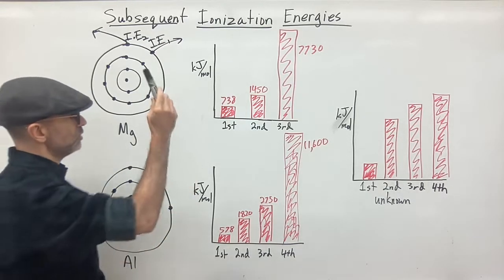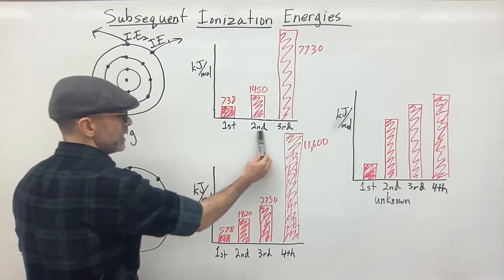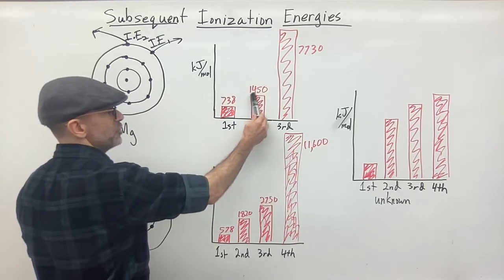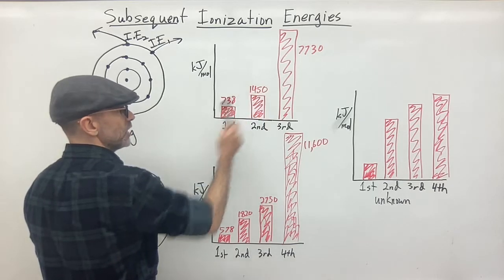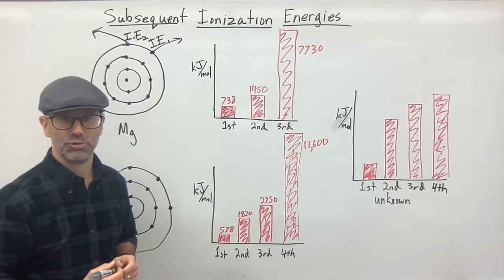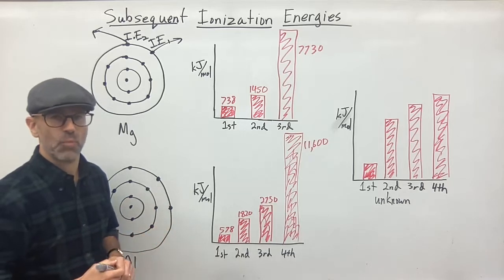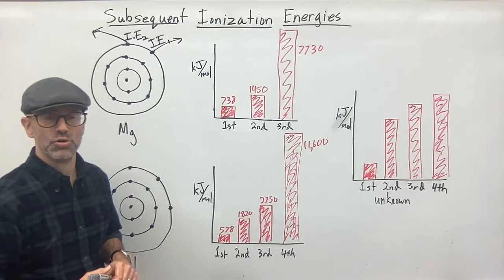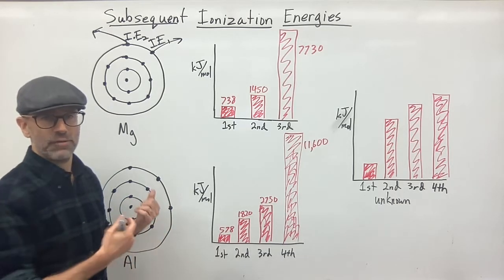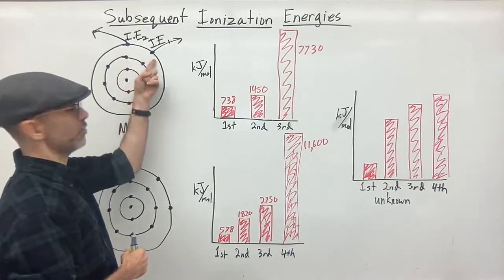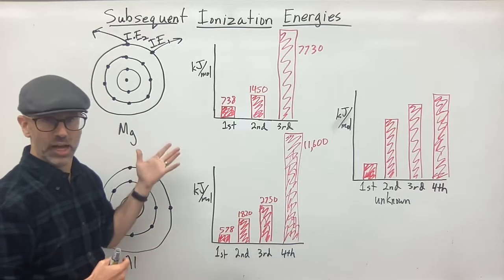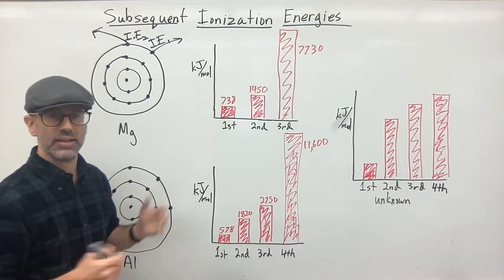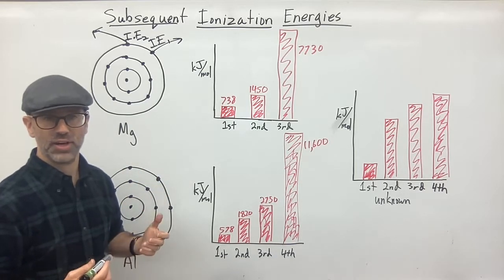You'll see on this table that the energy to remove that second electron was a little bit more, 1450 kilojoules. Why did it take more energy to remove the second electron than the first? Aren't they both valence electrons? They're both in the same shell. So why is it that they have different ionization energies?